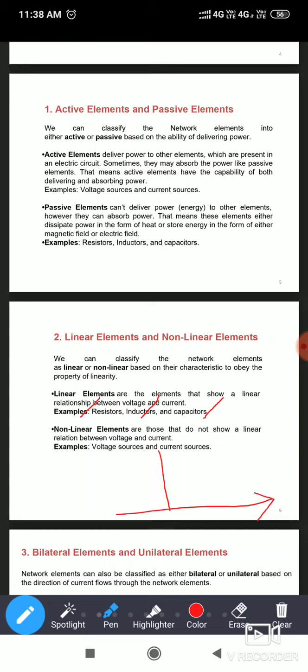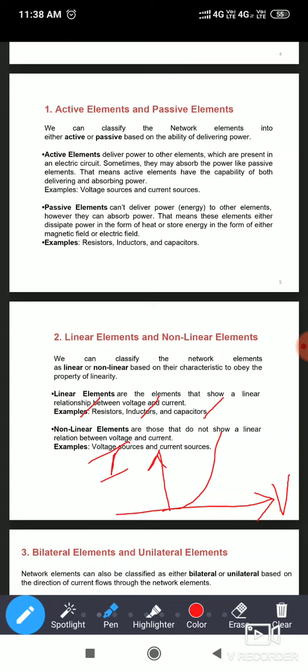What are the characteristics of a transistor or simple diode? Take the diode, voltage across the diode and current passing through the diode. If you are plotting that, it will be like this. It is not linear, it is not passing through the origin. Even if it passes through the origin, it is not a straight line, it will be a curve.